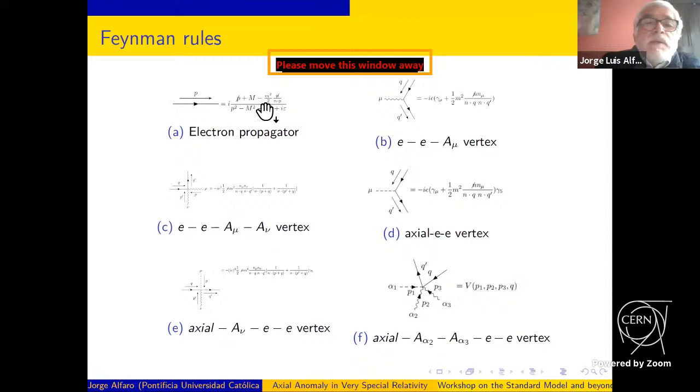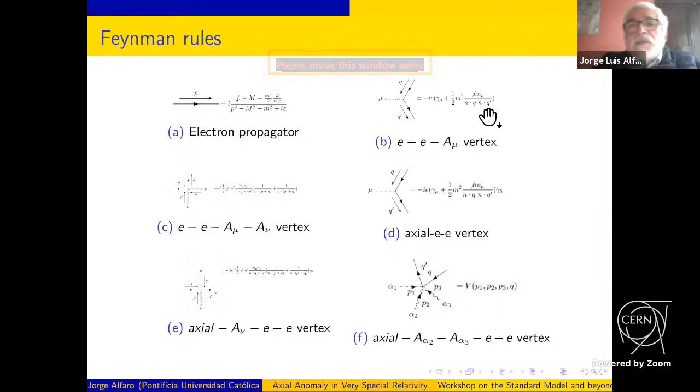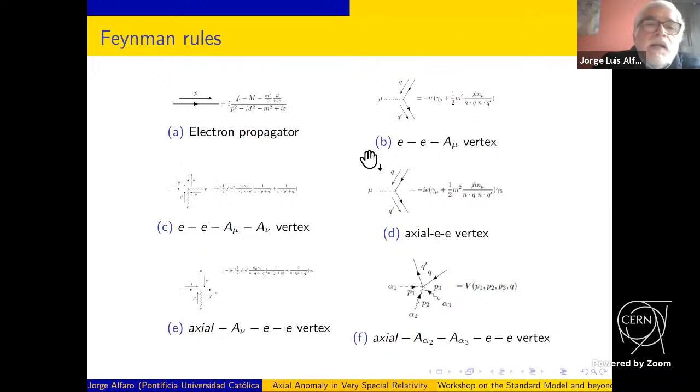This is the electron propagator. This is the normal vertex, photon electron electron. You see that it gets modified by this quantity here because in fact the current is modified, and there is also a two electron two photon vertex.